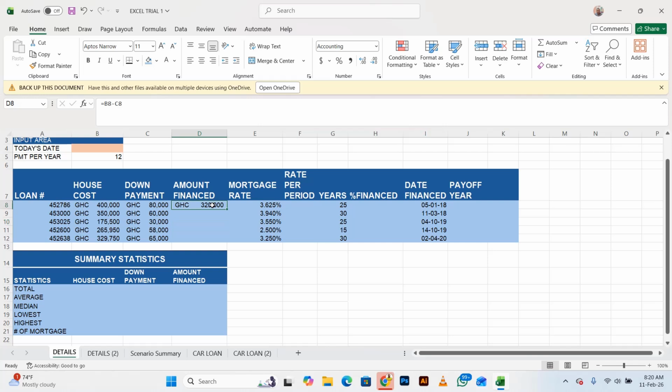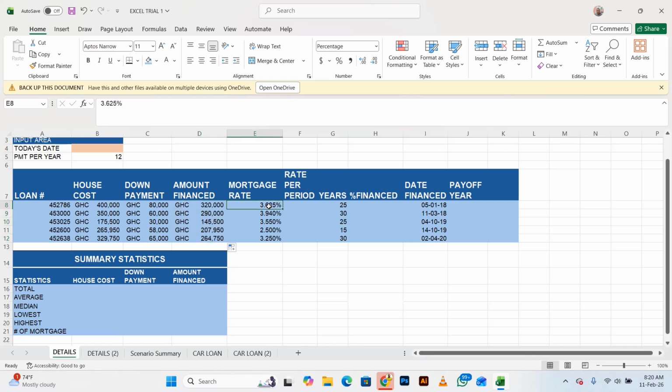So rightfully, as you have done this, you just drag it here, and automatically it will fill it for you. Another way of doing this is to just put the cursor here. When you see this plus sign, you double click, and then it will fill it. So based on how you want it, but the earlier the better. I'm always saying this. You just double click it, and then you are done.